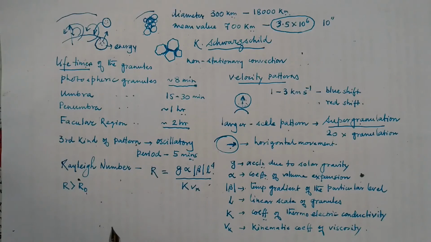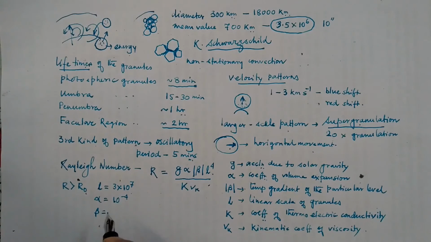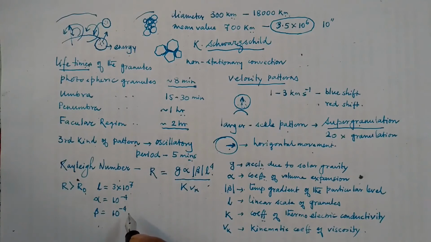Okay, so what are the values of these things? We already know that L is about 3 into 10 to the power 7. Alpha is around 10 to the power minus 4. This is for a perfect gas. Beta is about 10 to the power minus 4 for the layer that we are considering.